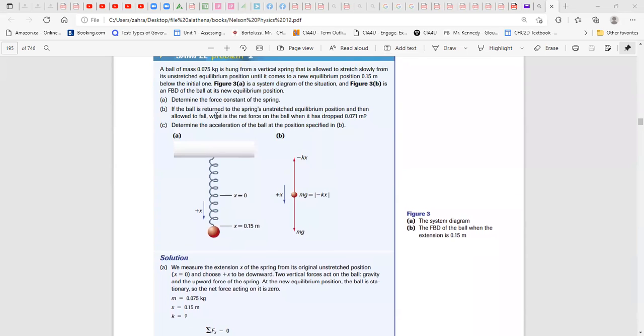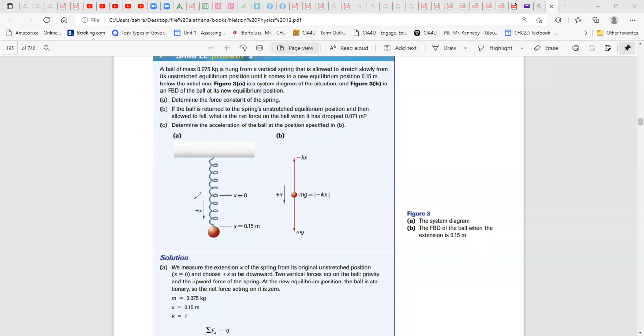Now, if the ball is returned to its unstretched equilibrium position and then allowed to fall, what is the net force on the ball when it has dropped 0.075? You attach it here, so it comes down by itself.